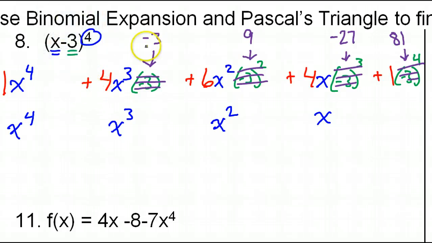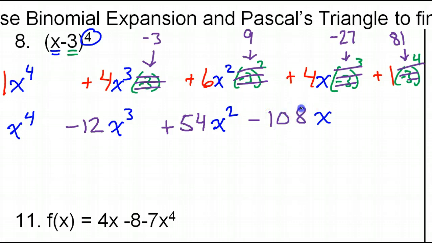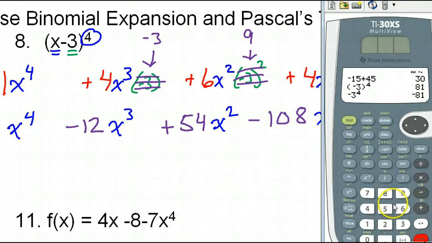Okay, so now 4 times negative 3 is negative 12. So this term will have a coefficient of negative 12. 6 times 9 is 54, positive 54. 4 times negative 27. I'm pretty sure that's negative 108. But let me check it out.